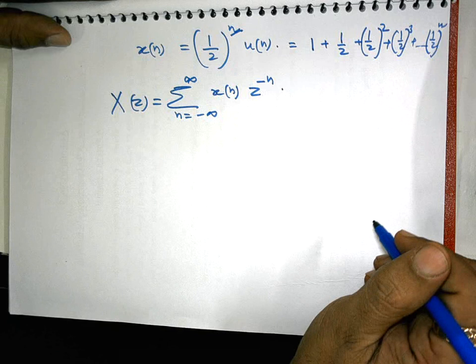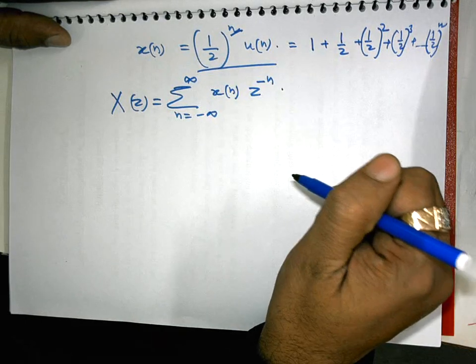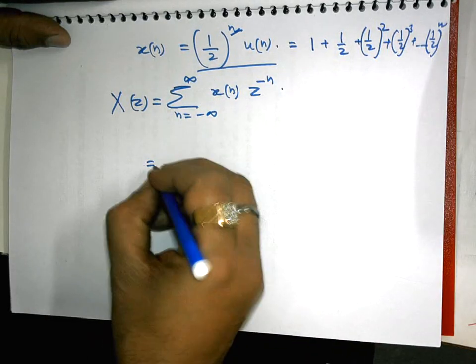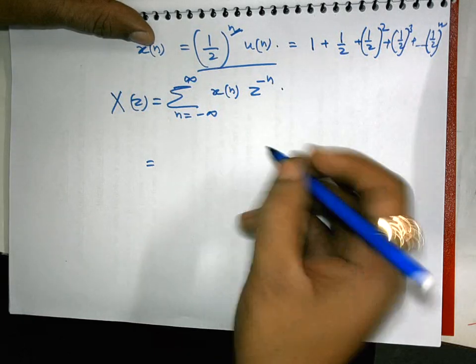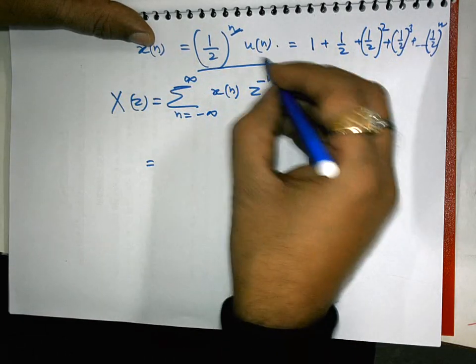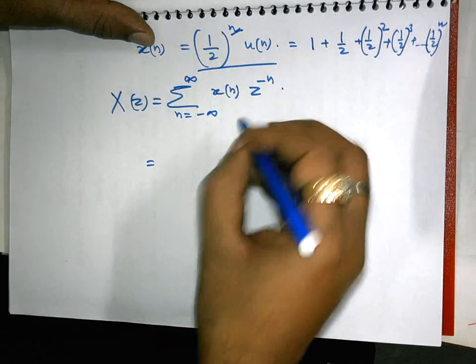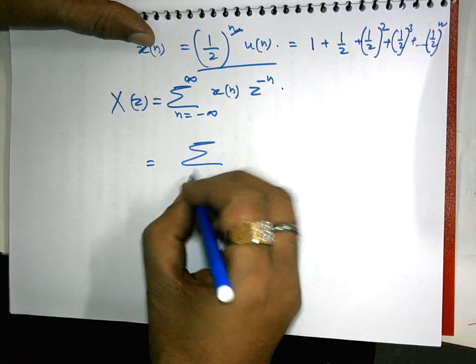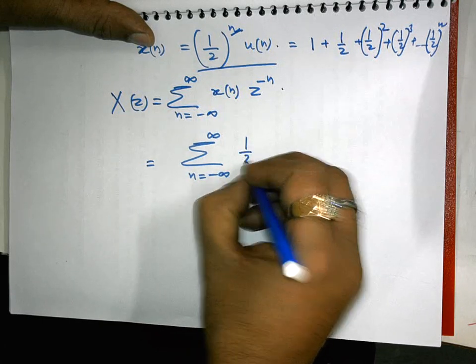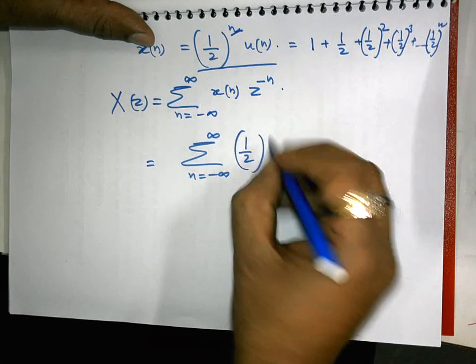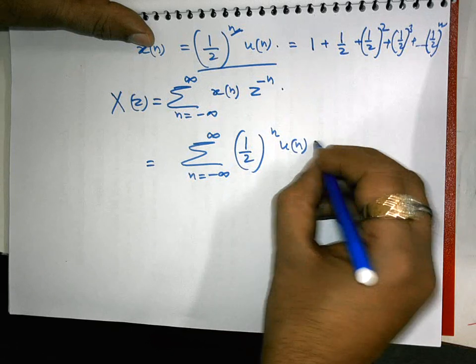This way we can expand this signal. Since u n occurs over here, this can be written as the summation from n equals minus infinity to infinity of half to the power n, u n, z to the power minus n.